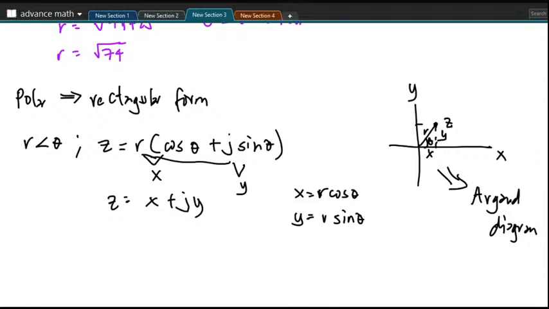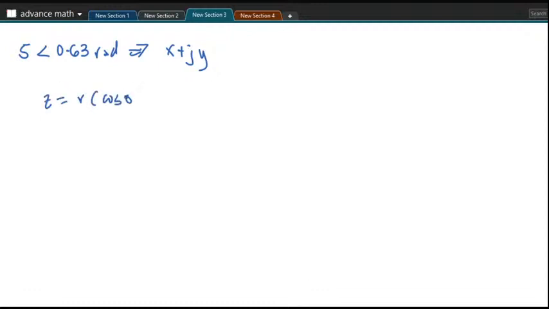So let's try an example in which we are given a polar form. For example, 5 angle of 0.63 radians. We will be converting this into the x plus j y form, or the rectangular form. So z is equal to r cosine theta plus j sine theta.